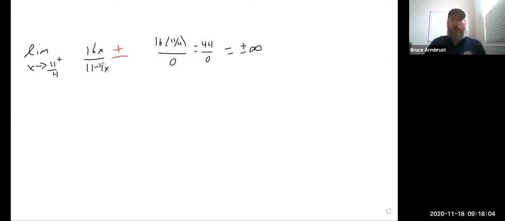On the bottom, if I have a number bigger than 11/4, then my denominator is going to be negative. Try something slightly bigger like 3, right? 3 is a little bit bigger than that. If I were to plug in 3 on the bottom, I get -1. So I get a positive divided by a negative. Okay, well, positive divided by a negative is a negative. So now remember with the plus or minus, it's not an or anymore. I know this goes to minus infinity.